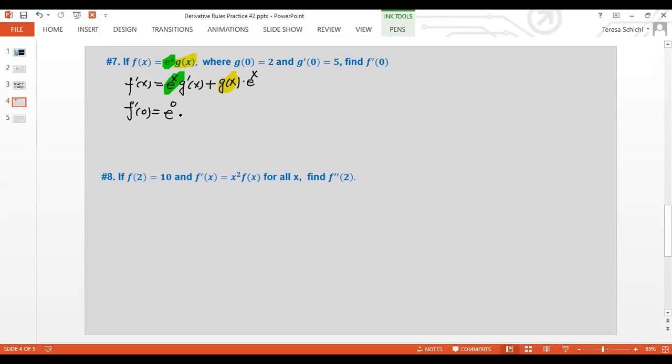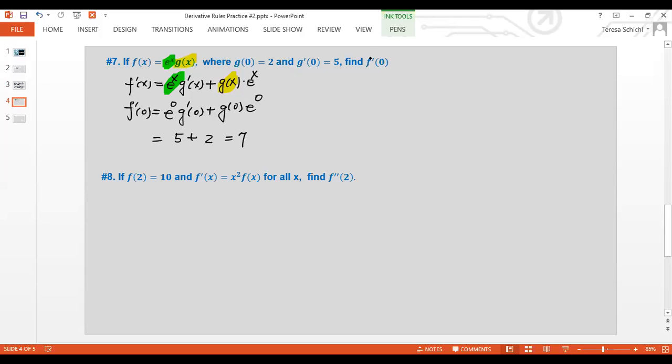So I'm going to have e^0 g prime 0 plus g(0) e^0. Okay, g prime 0 is 5, so this will be 5, and then g(0) is 2, so the answer is 7. Okay, now let's take a look at number 8.